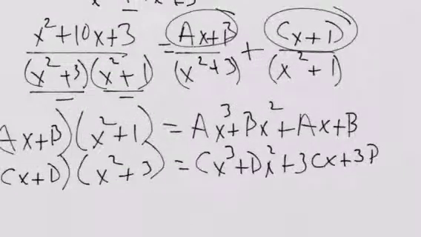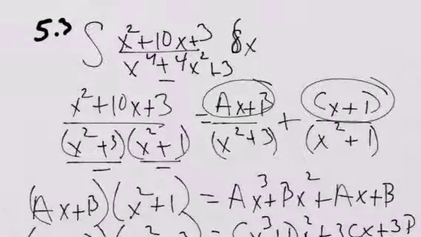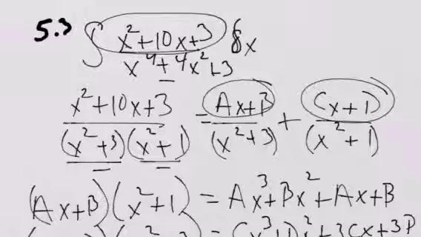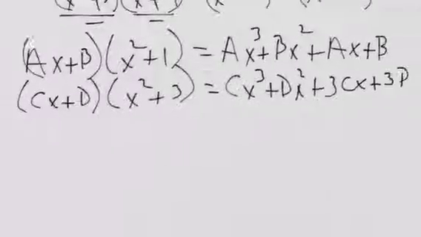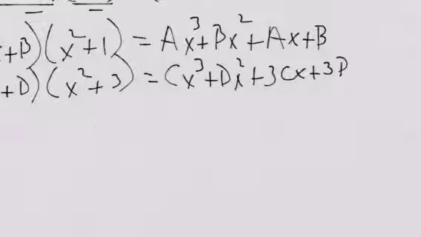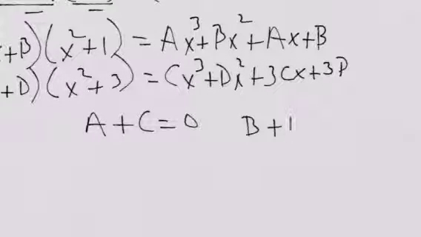Looking up above, I do not have an x cubed term. I have an x squared term, a 10x, and a plus 3 constant. So when we go back down here, we know that a plus c is 0. I also know that b plus d is 1, because I had one x squared term.